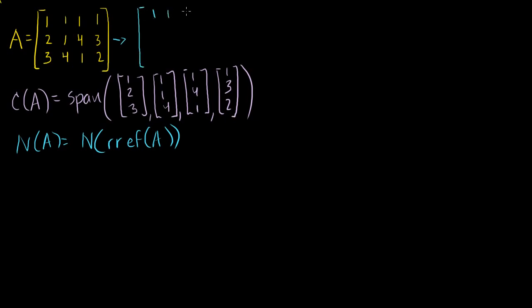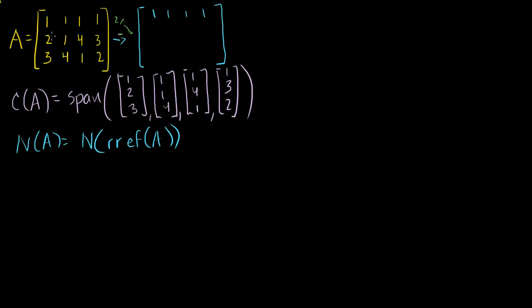1, 1, 1, 1. And then let me replace row 2 with row 2 minus row 1. So what do I get? No, I want to zero this out here. So row 2 minus 2 times row 1. Actually, even better, because I eventually want to get a 1 here, let me do 2 times row 1 minus row 2.